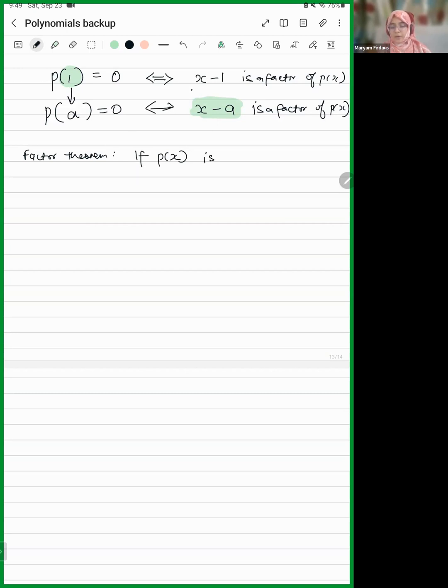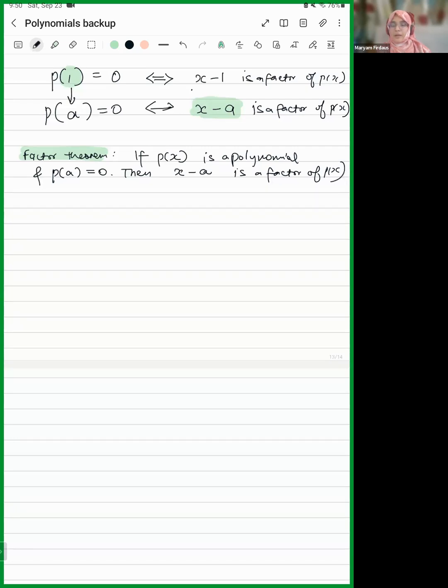If p of x is a polynomial, and p of A is equal to 0, then basically what they are saying in this statement is that if you have any polynomial and you find the root of that polynomial, then x minus that root will be a factor of p of x. And vice versa as well.